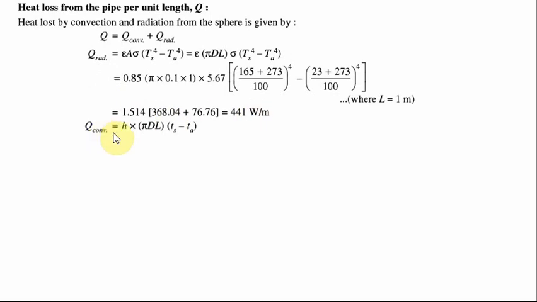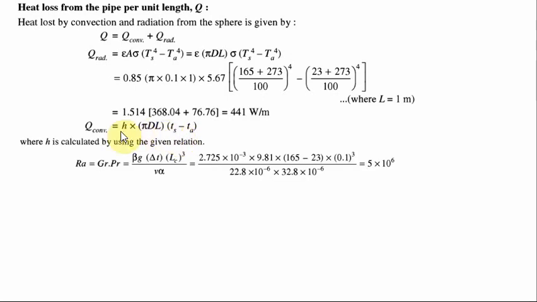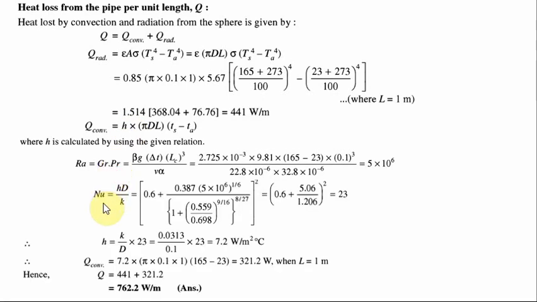Now we have to calculate convective heat transfer. The convective heat transfer is equal to h A delta T, where delta T is the surface temperature minus ambient temperature. But we don't know the value of h. In order to calculate h, definitely we have to use the Nusselt number. We can calculate the Rayleigh number value, and the Nusselt number correlations are given in the problem. So just substitute the values. Finally, you will get a Nusselt number.